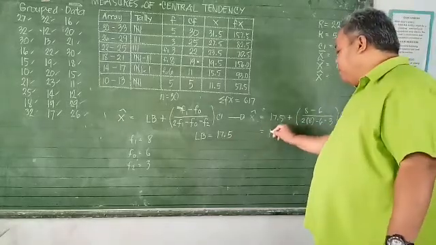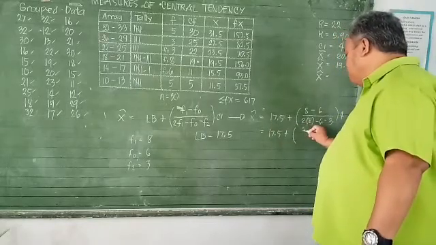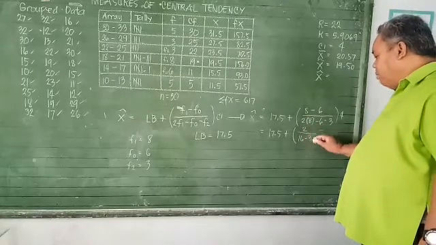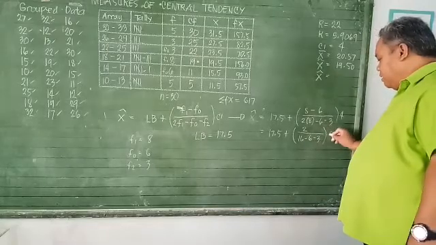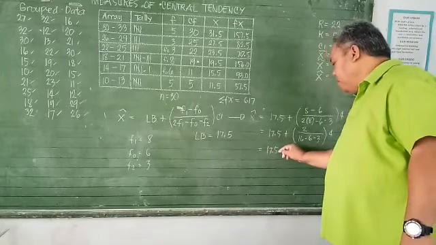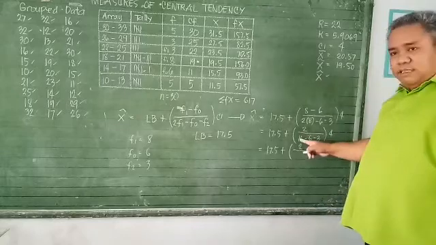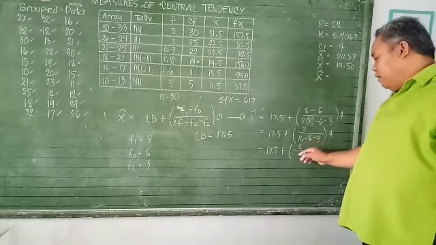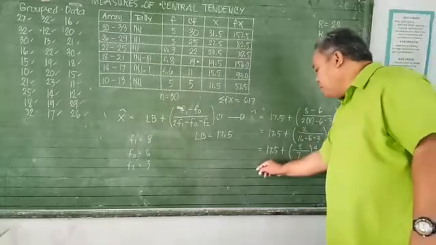So this is 17.5 plus, so this is 8 minus 6, that will give you 2. And this is 16 minus 6 minus 3. And this is 4. So solving this, we have 17.5 plus 2, and this is 16 minus 6, that will give you 10, minus 3, that will give you 7. And this is 4.